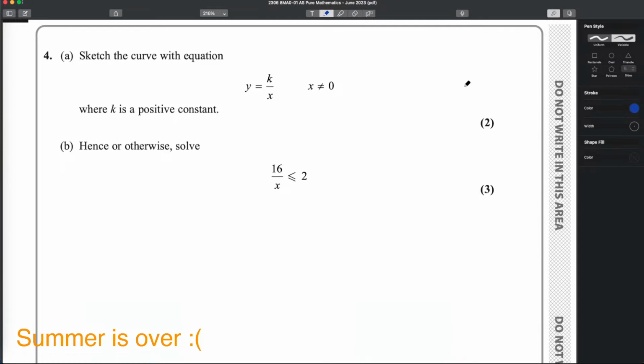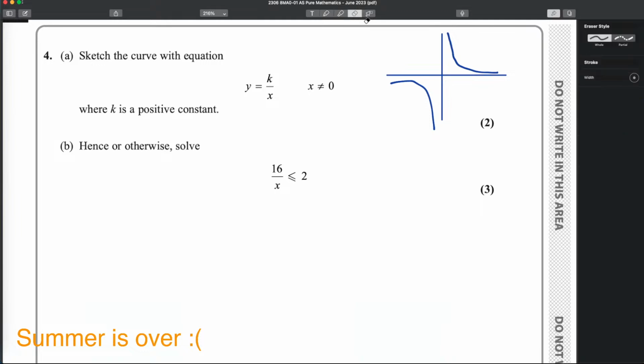They look like this roughly. And this is a positive. So yeah, it's in the first and the third quadrants, right?